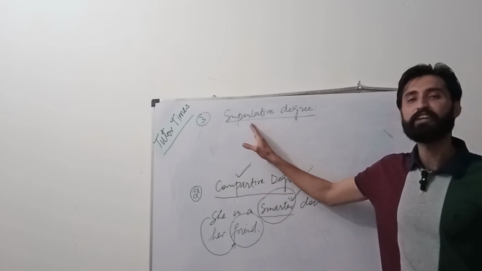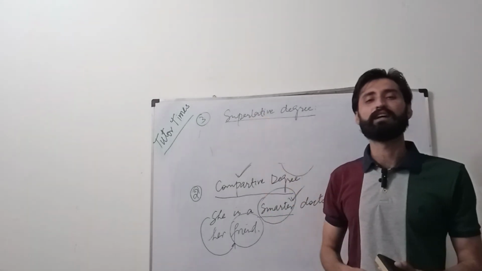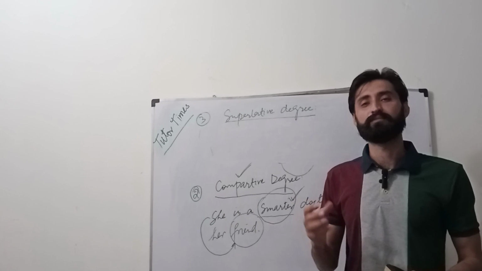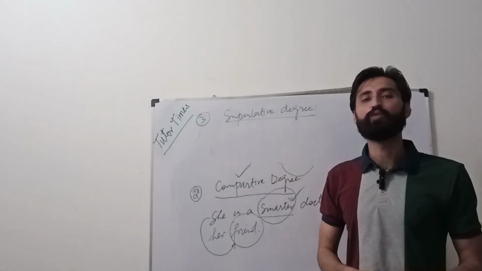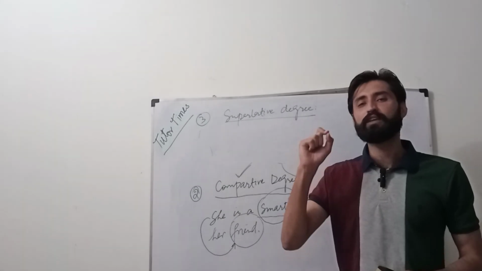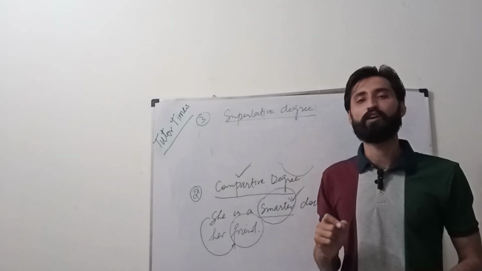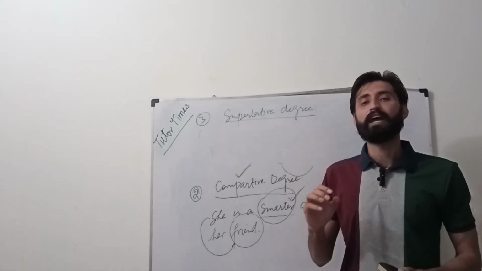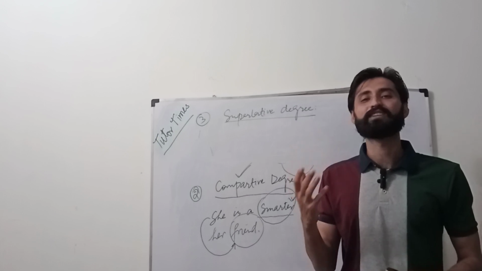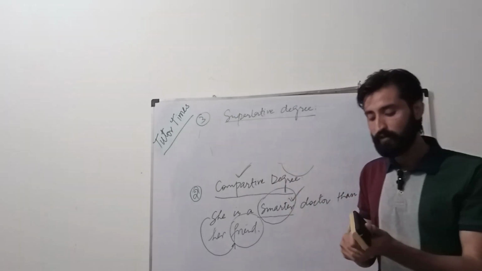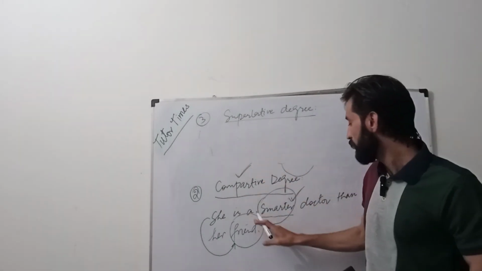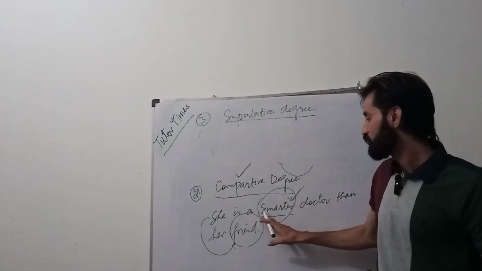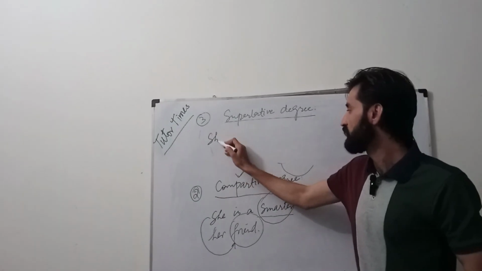But when it comes to superlative degree, it is a degree of adjectives in which we make the prominence of an individual place or thing and prioritize it and specialize it overall, and we give it a specific, proper, special place.